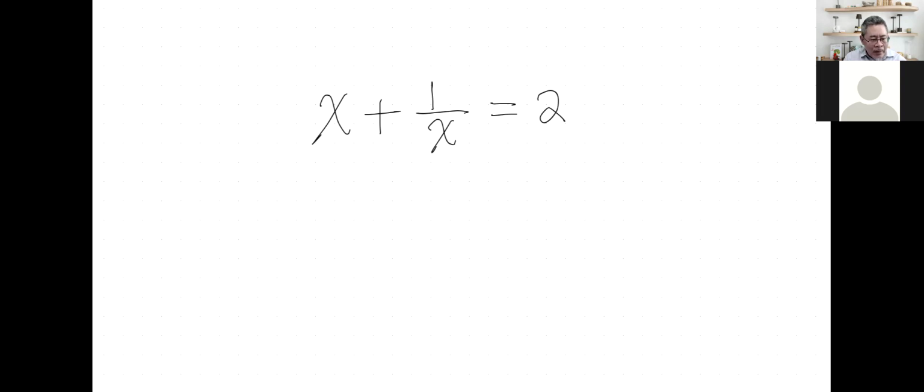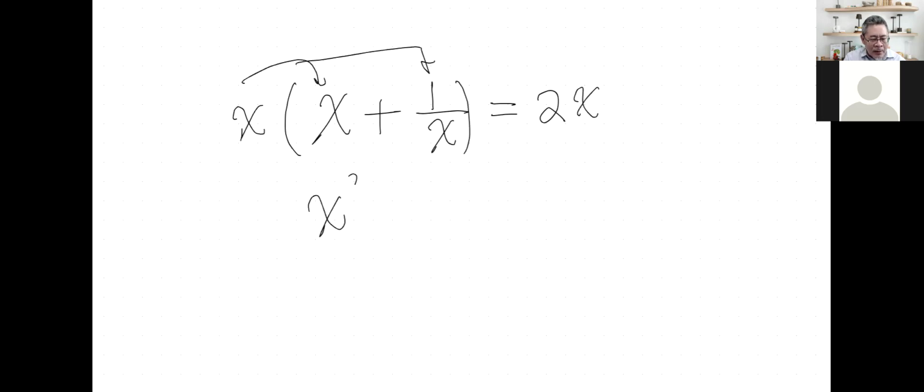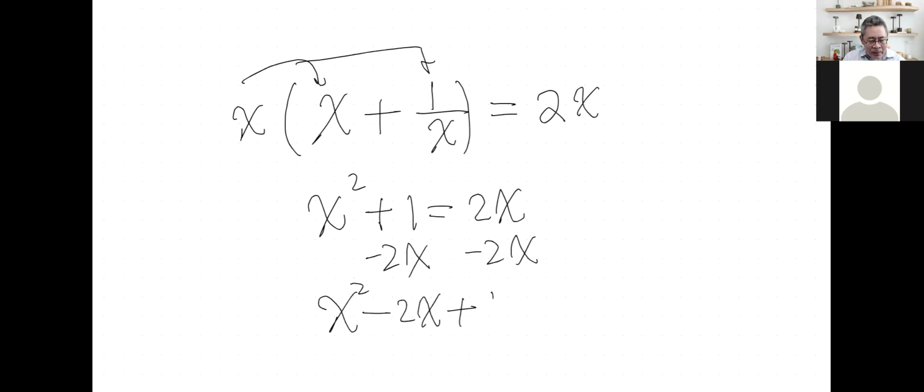So, well, let's see. We multiply x on both sides, and that gives us x squared plus 1 equal 2x, right? Yep. Okay, we minus 2x on both sides. So we got x squared minus 2x plus 1 equal to 0, right?